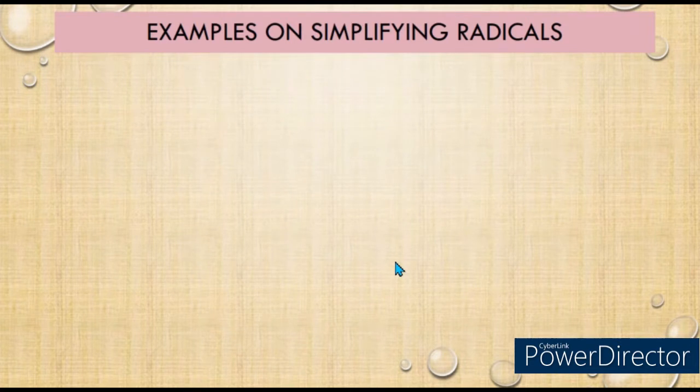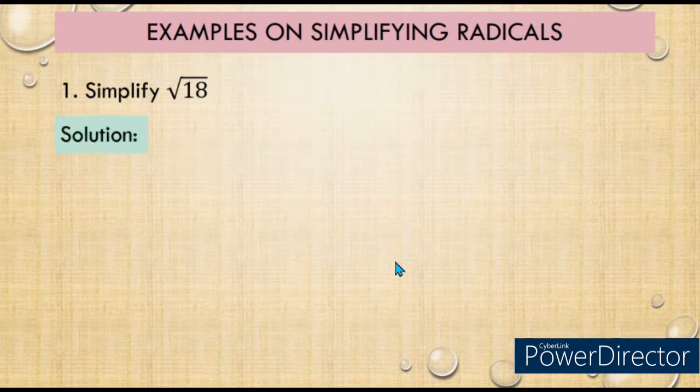So we have here number 1, let us try to simplify square root of 18. Okay, so the radicand, as you can see, is not a perfect square. So we need to factor 18, or hanapin natin yung factor ng 18 na perfect square.